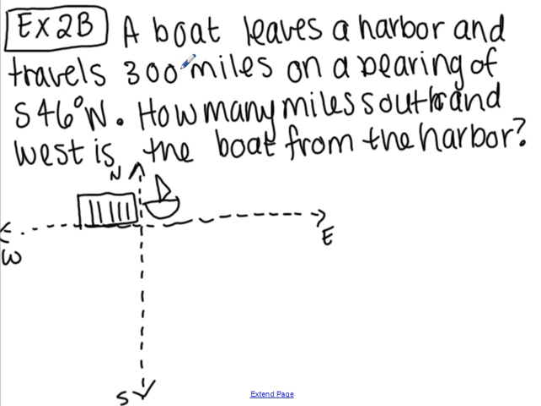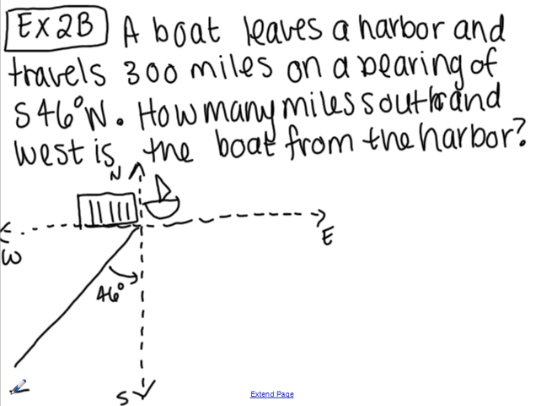The problem states that the boat has traveled 300 miles on a bearing of south 46 west. So south and west. So it goes down this direction on a bearing of, the angle here is 46 degrees.